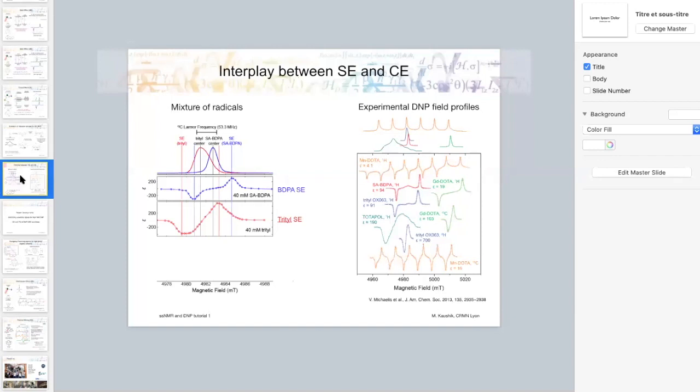The sulfonated BDPA has higher enhancement as compared to a normal BDPA under solid effect conditions. Oh, okay. They were using solid. And they eventually found out that BDPA also gives Overhauser effect. Okay, I forgot it was solid effect that they were doing there. All right, thanks.